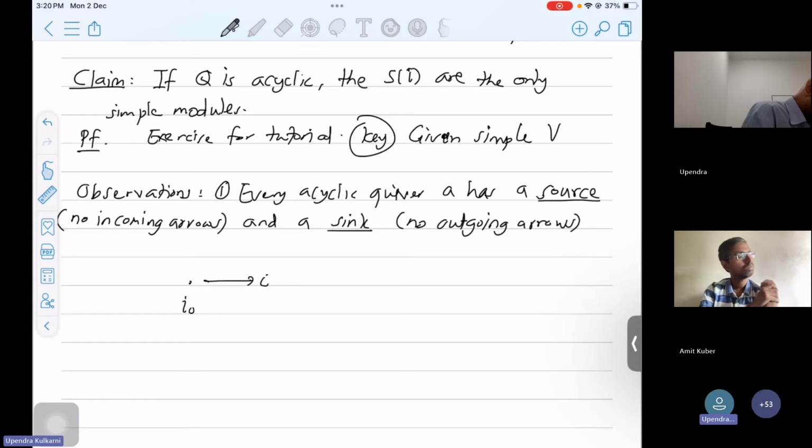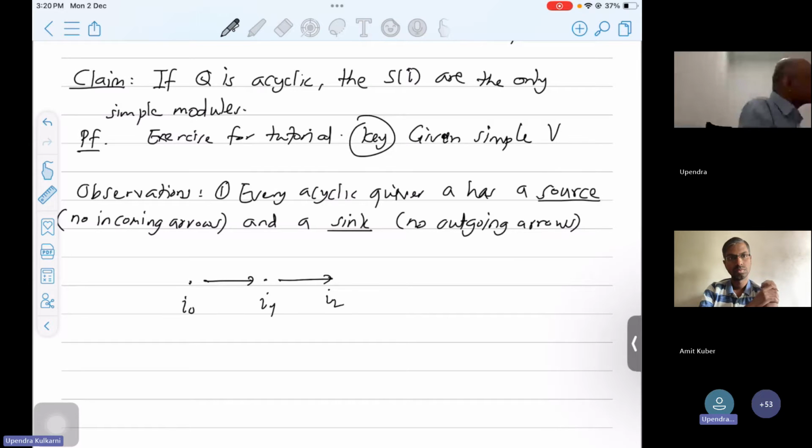So I will get to another vertex. Let's call it I1. If that is a sink, I'm done. Otherwise, something outgoing will be there, and that will go to I2. I cannot ever come back to any vertex that I have already visited, because that will create a directed cycle. And my underlying graph is always finite.